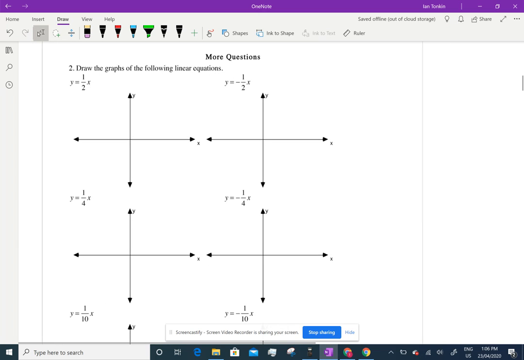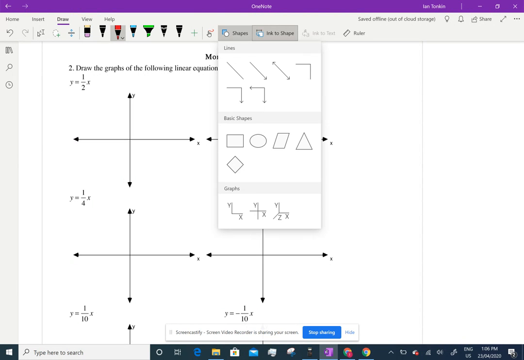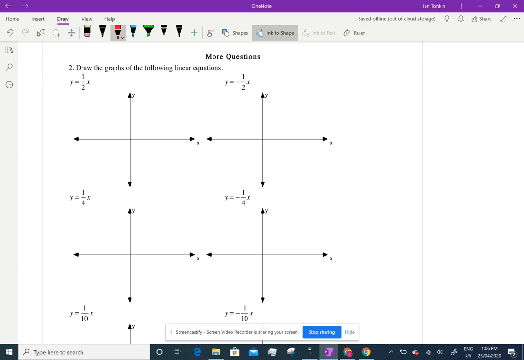What do we got here? Let's get rid of that, get this. And here's my line. And if it gets a quarter, straight line, it's still going up, but it's getting flatter and flatter.